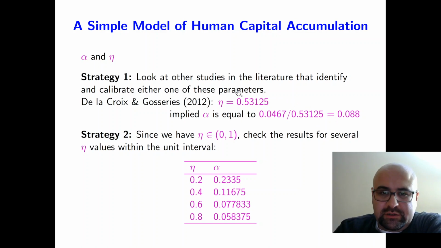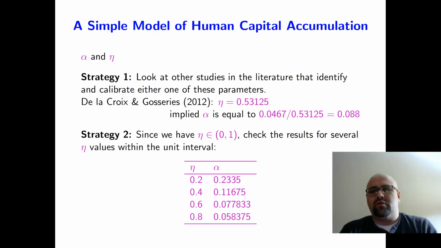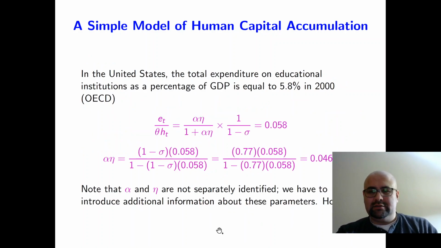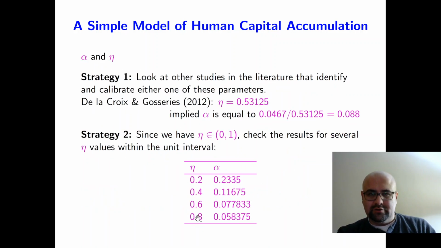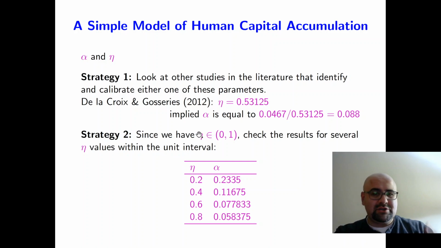The other strategy is to exploit the feature that eta is a bounded parameter. Okay, alpha is not, because alpha takes values from 0 to positive infinity, but eta takes values between 0 and 1 in this model. Okay, so we can actually use this alpha eta result, and we can use different eta values between 0 and 1, and we can look at the model results for different values of alpha. Okay, so in some models, especially if we cannot find outside information, we can actually exploit such features of the models.